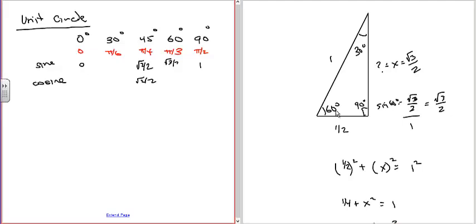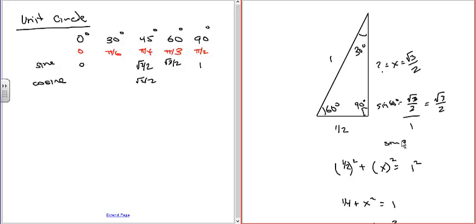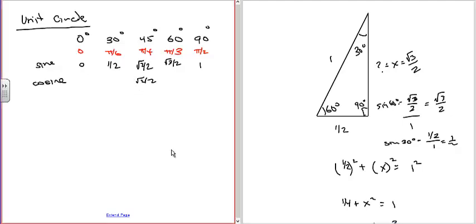And you can see that if we go up here to 30 degrees, the sine of 30 degrees is the opposite, which is a half. Opposite 30 degrees is this side, a half divided by the hypotenuse, which is 1, so you get 1/2.